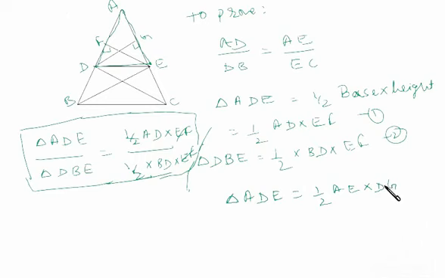Similarly, we can calculate the area of triangle DEC. Half, base will be EC and altitude will be DG.